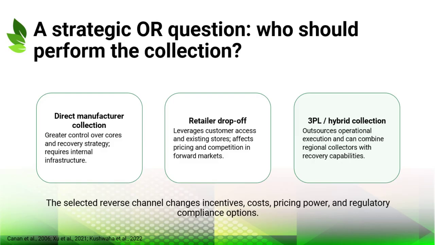Third-party logistics or hybrid collection shifts execution to specialized providers and can combine regional collectors with remanufacturing or recovery capabilities. The choice changes incentives, costs, compliance options, and bargaining power. Collection is therefore a strategic design choice for the whole closed-loop supply chain.